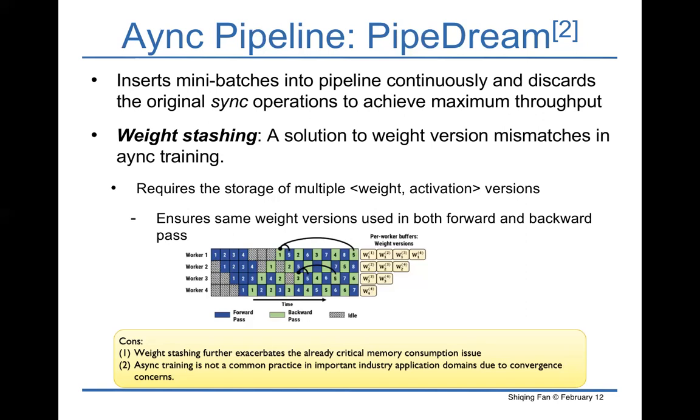In addition, the async approach requires the storage of multiple versions of weights and activations. This is a must in async training to ensure the same weight versions are used in both forward and backward paths. This, while friendly for increasing parallelism, further accelerates the already critical memory consumption issues.